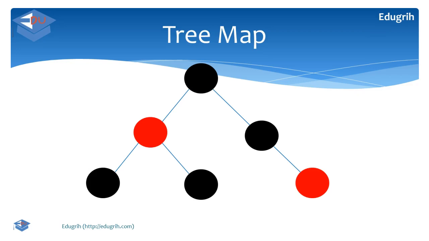As this is a red black tree, it gives a guaranteed performance of log n for all the methods like containsKey, get, put, and remove. All these methods give the same performance of log n.